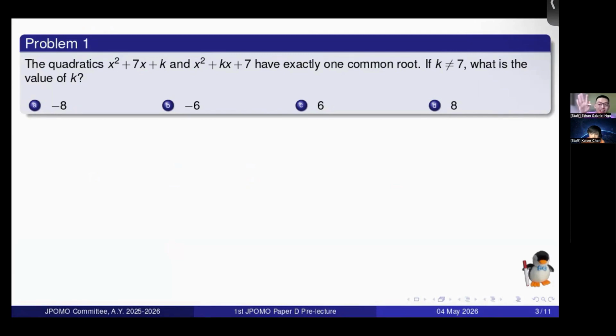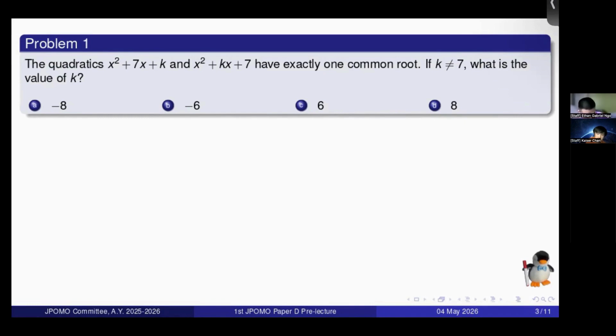Okay, so seeing that both are monic polynomials, basically the leading coefficient is 1, what can we say about the factorization of both of these? So the first one, x squared plus 7x plus k minus x squared minus kx plus 7.